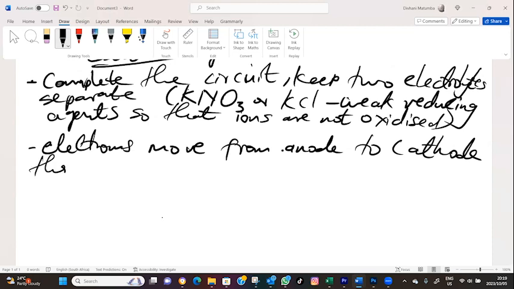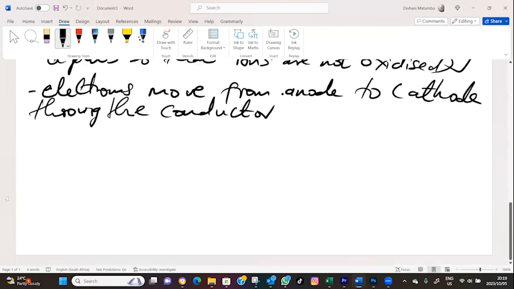Through the conductor. Okay. Now, there's the so-called cell notation that we must master.